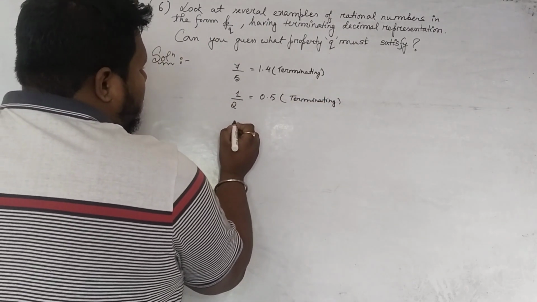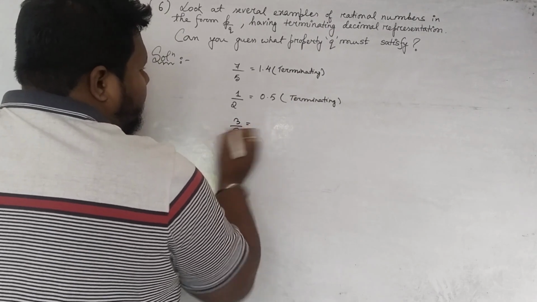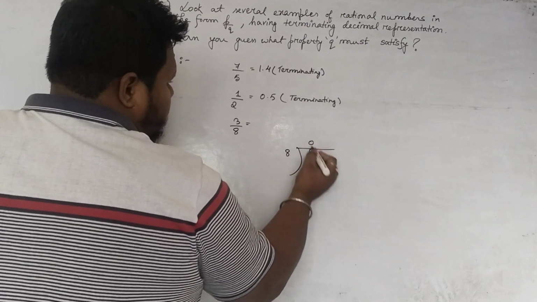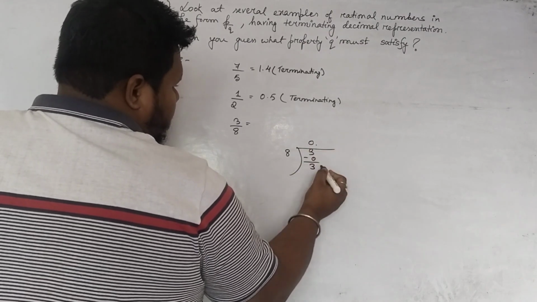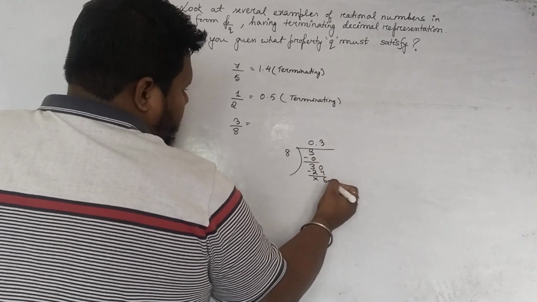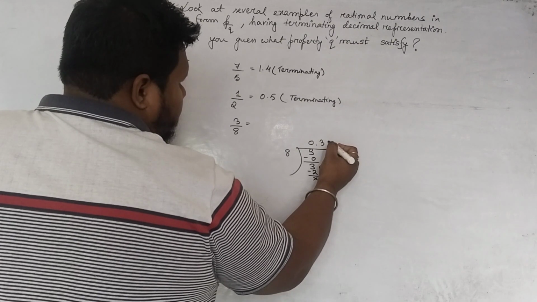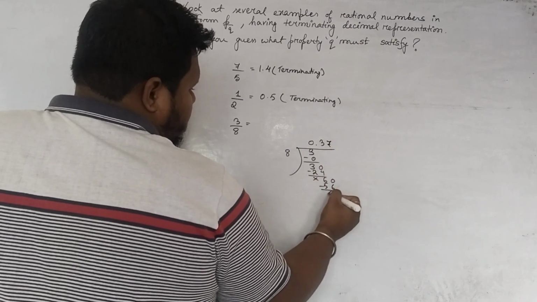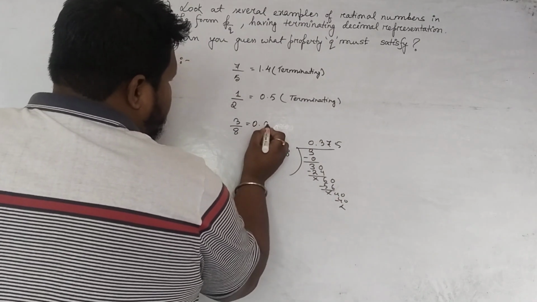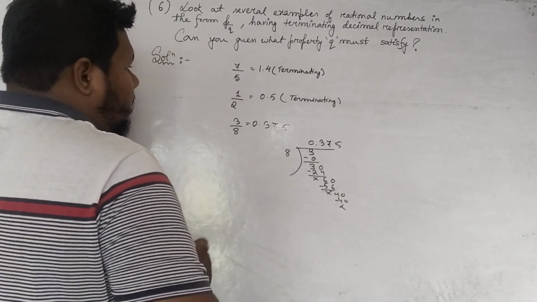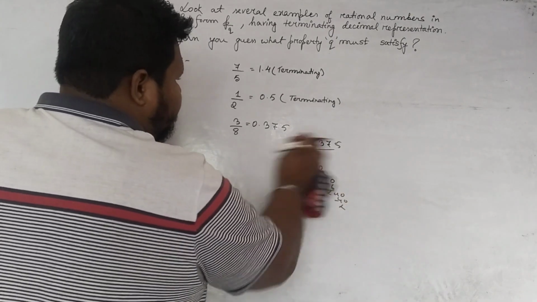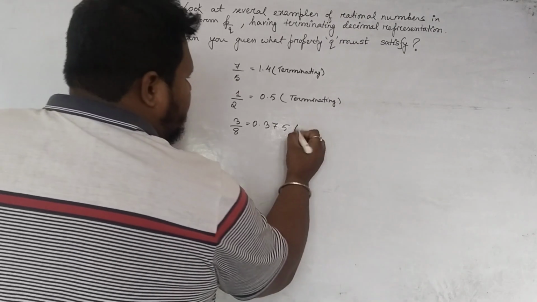Let me take one example of 3 by 8. 8 zeros are 0, 8 threes are 24, 8 sevens are 56, 8 fives are 40. So 0.375. I'm just giving you some examples, this is also terminating.